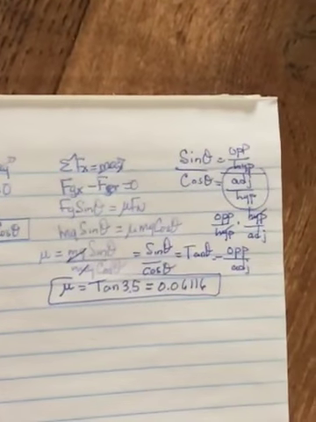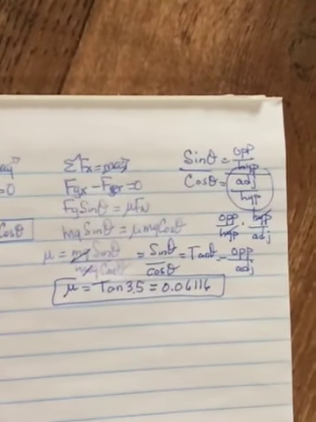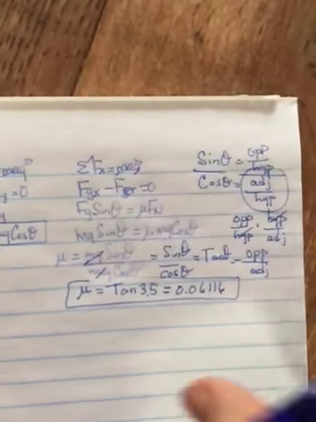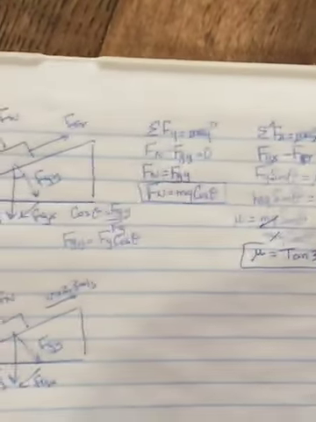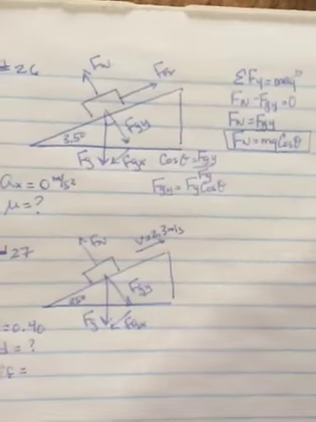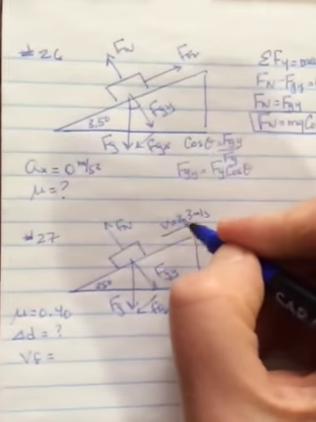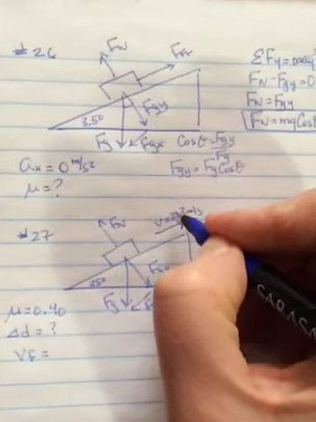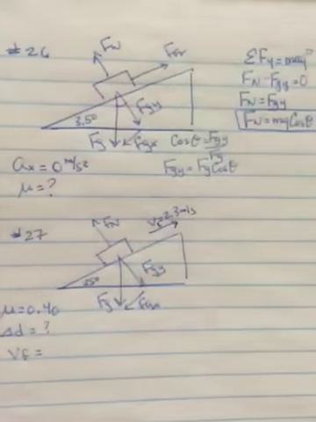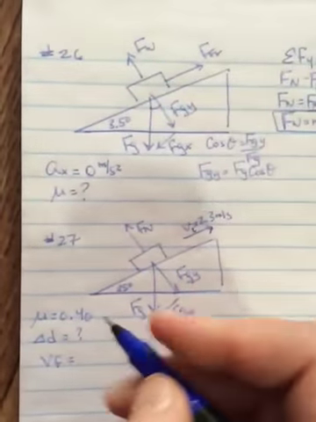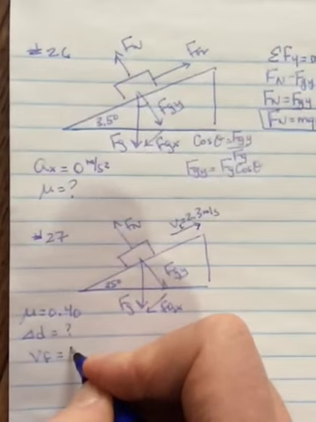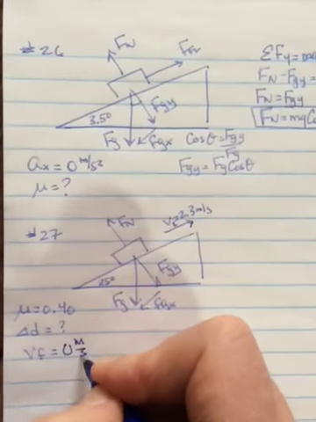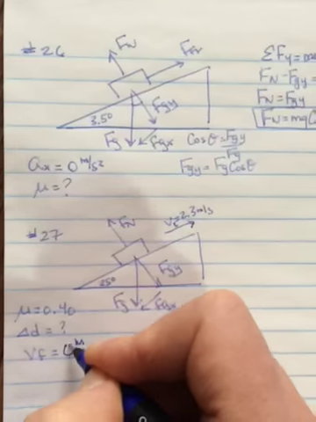All right, turn the page, move to number 27. And in number 27, you're flicking a coin up an incline. So as you flick this coin up the incline, you're giving it an initial velocity of 2.3 meters per second. And it wants to know how far up does it go before it comes to rest, before v_f is 0.